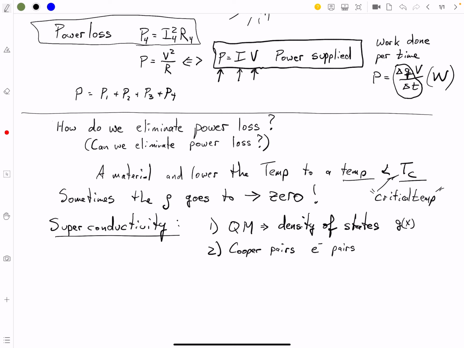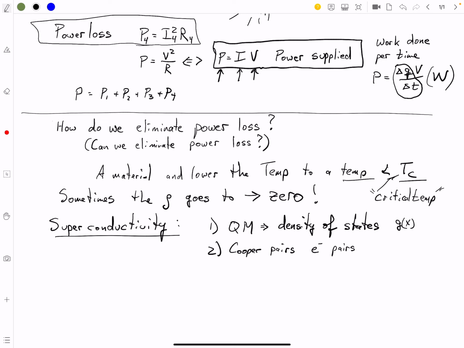You can look it up. It's complicated, so we don't care about all of that theory. We just want to know what happens when we're in a superconductive state, or what we can glean from this.